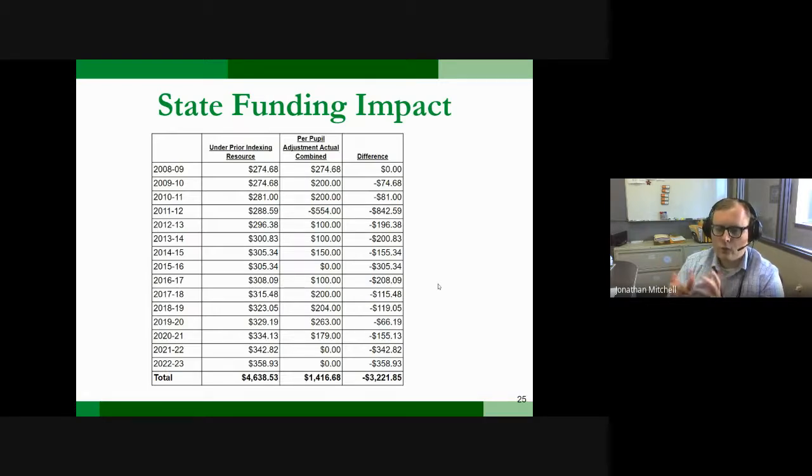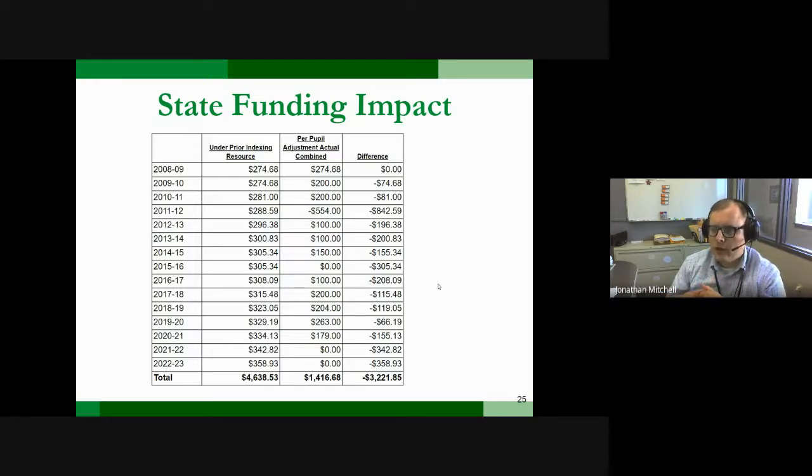Schools were receiving 2 to 3% of increase to their per student allotment on an annual basis, and that indexing model would increase based on inflation. So had that prior indexing model been used, the total increase between 2008-09 and 2022 would have been over $4,000.